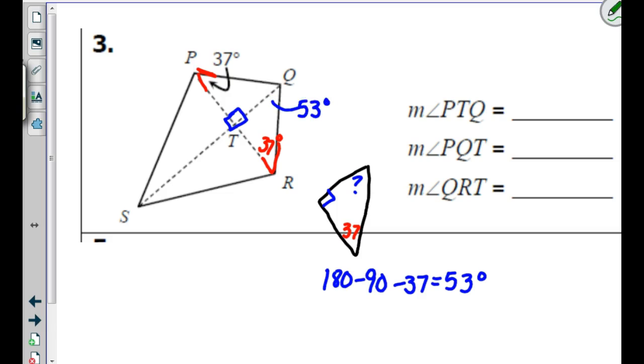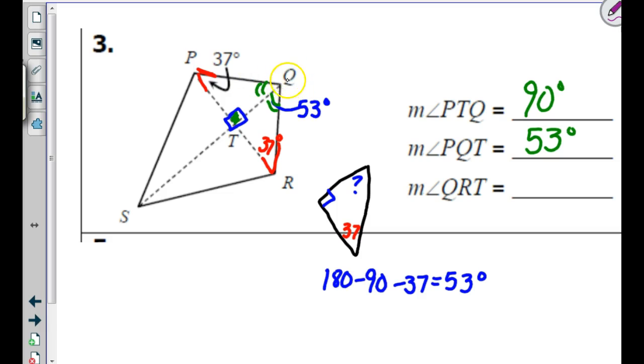All right, let's see what they ask us over here. PTQ is this little green, so that's 90 degrees. The second one they ask us, PQT, PQT is in here, which is actually the same as this one that we found, so that's the 53. And then I'm betting they're going to ask us this whole thing.